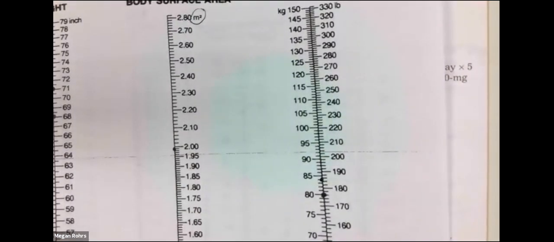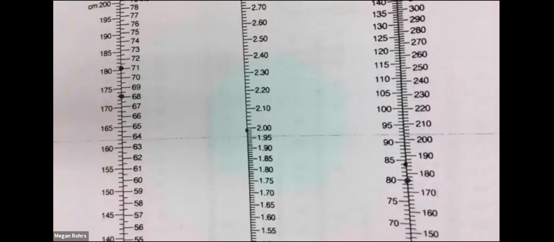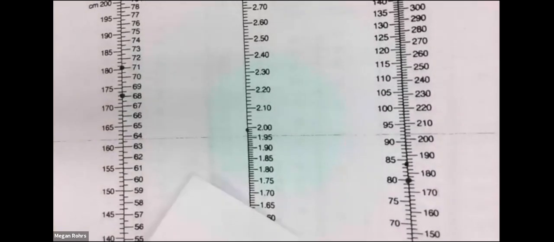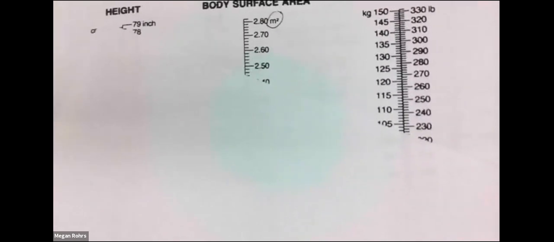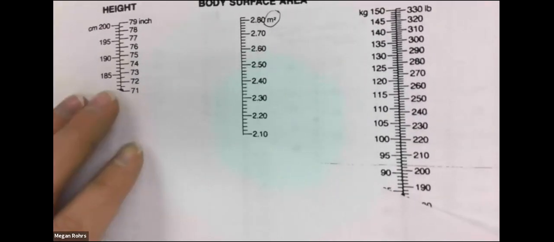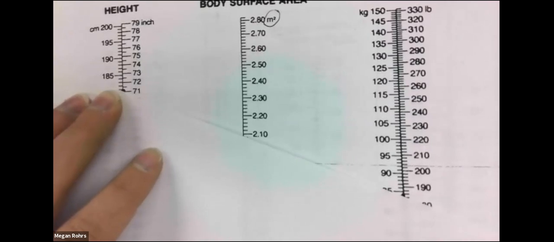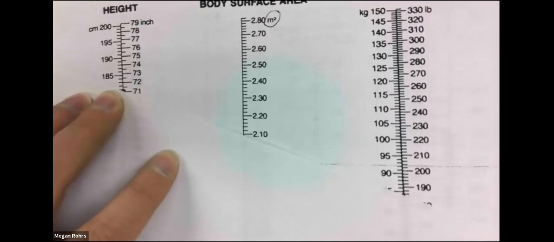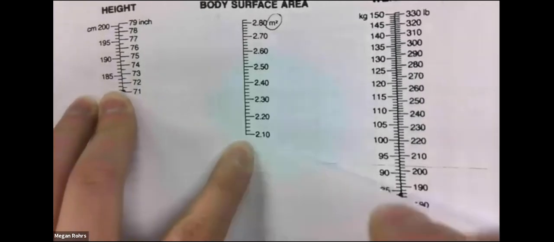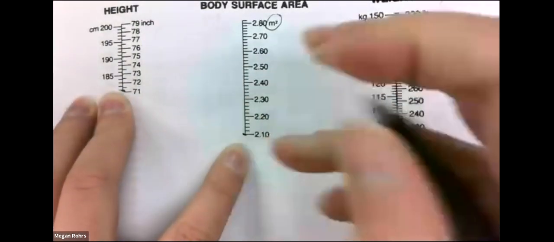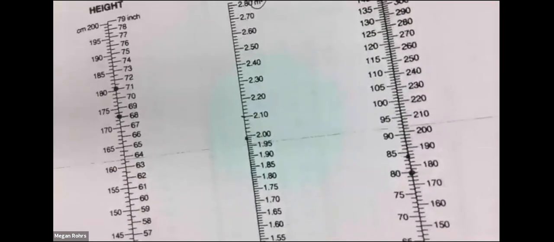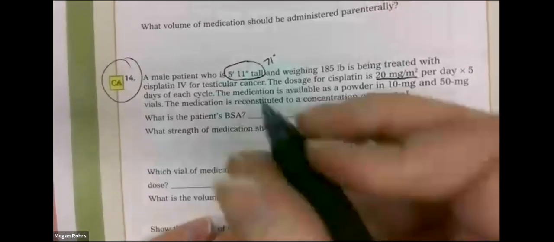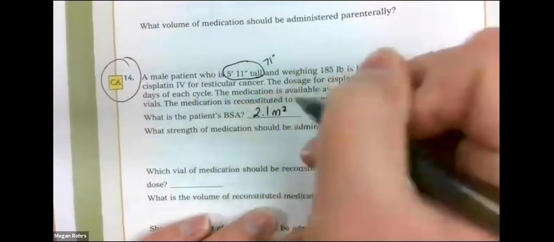So now I get my straight edge here, and we're going to go from, just make sure I got the right mark. They're 71 inches and they're 185 pounds. So 71 here and 185 here. Line those up, and then I'm going to make a mark here on my chart. So it looks like they're right at 2.1 meters squared. So their BSA is 2.1 meters squared.